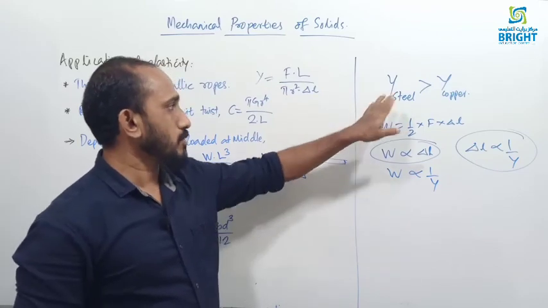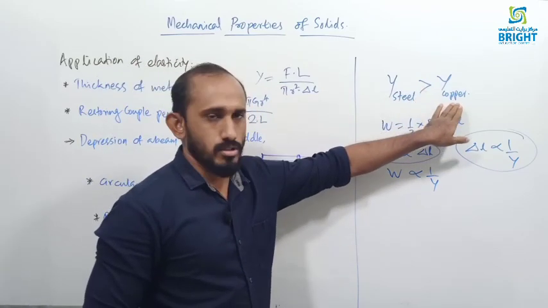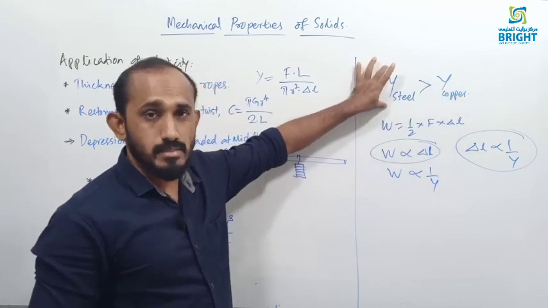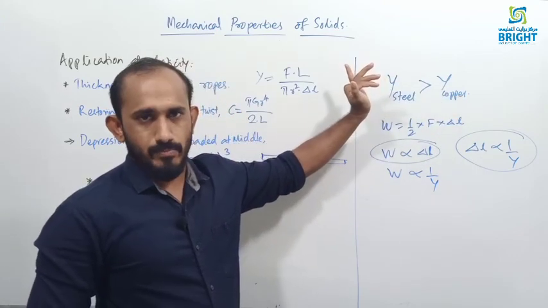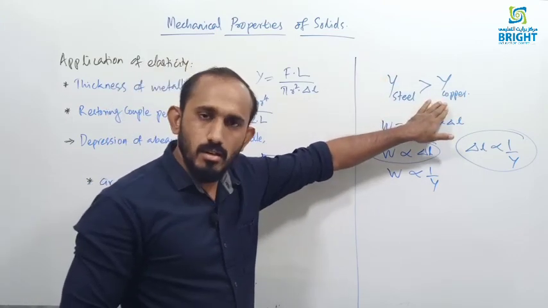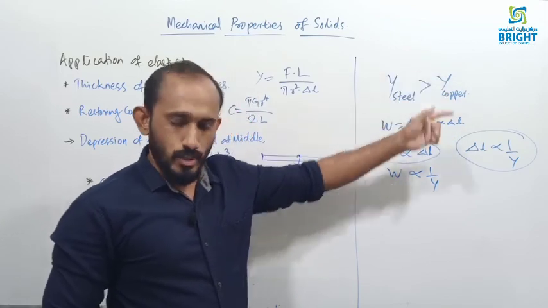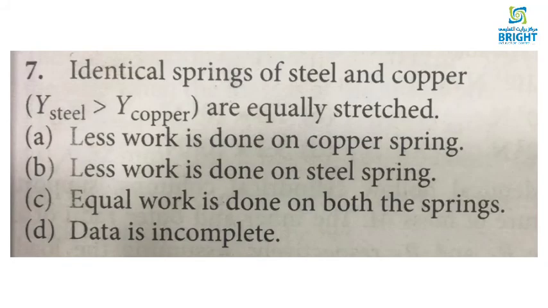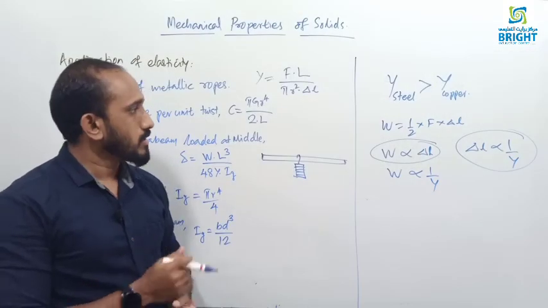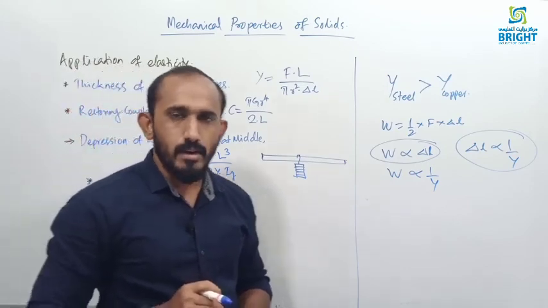Here it is given that Young's modulus of steel is greater than that of copper. So the higher the Young's modulus, the less work is required, and the lesser the Young's modulus, more work is required. So the option is less work is done on the steel spring. That is option B. I hope you got this concept. So please be thorough with this idea.